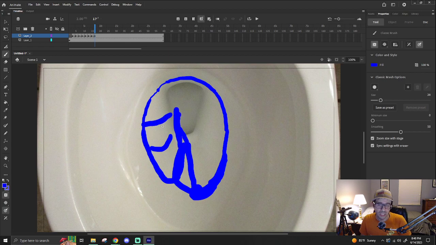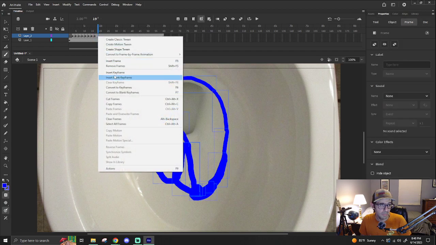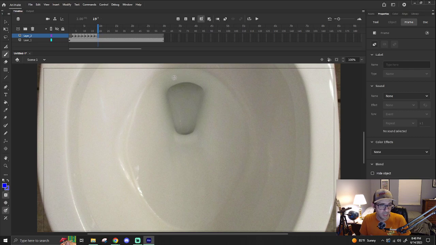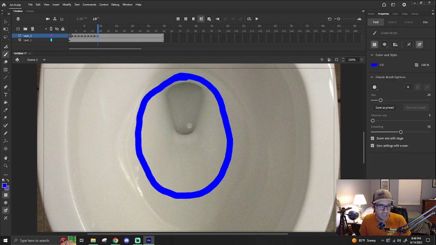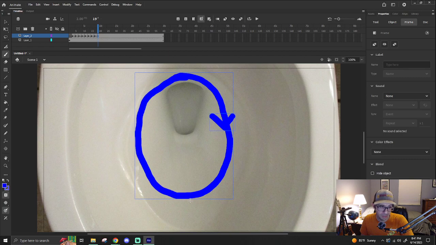It essentially turns into, let's go to a blank keyframe. A flow. Now, if the pee enters in the splash zone, not here but over here, then it ends up spinning in the opposite direction.